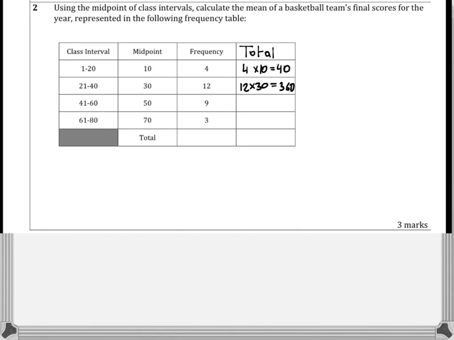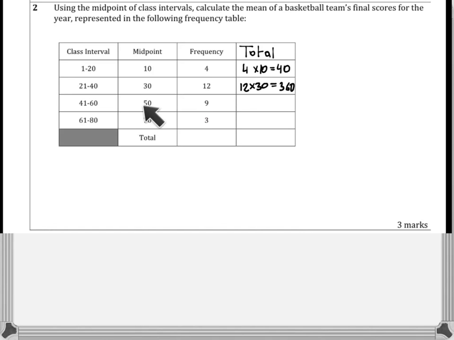So in the group, for instance, 1 to 20, scores 1 to 20, there are 10 results in that group. In the group 21 to 40, there are 12 data points. Okay, in the group 41 to 60, there are 9 data points.